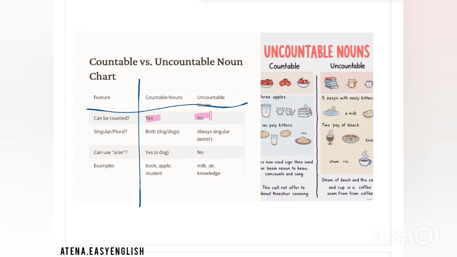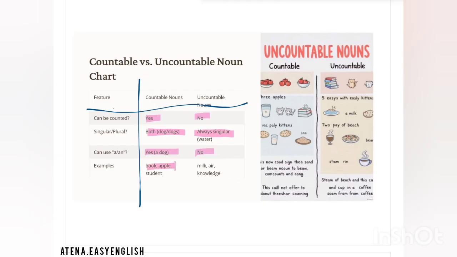Uncountable, no. Singular or plural? Countable nouns can be both. Uncountable, always singular. Can use a or an? For countable, yes, like a dog, an apple, a car. And for uncountable, of course, no. And the last part, examples.